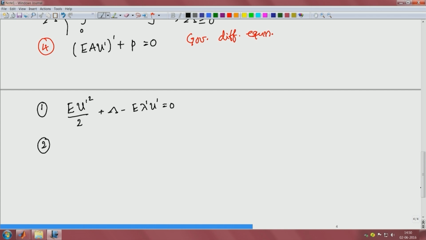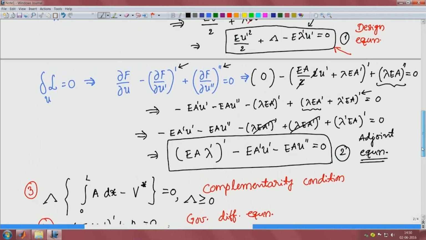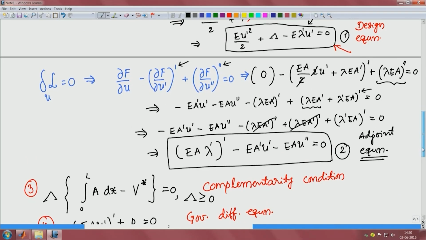Second equation is E a lambda prime whole prime minus E a prime u prime minus E a u double prime. In fact, if you notice these two terms, I can write it as minus E a u prime prime, because if I expand this, E a prime u prime and E a u double prime we get.